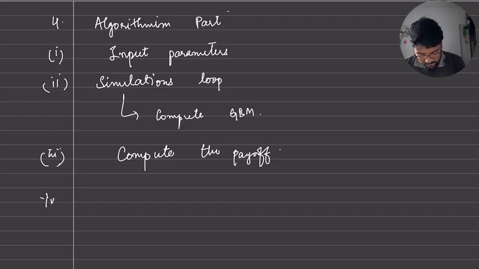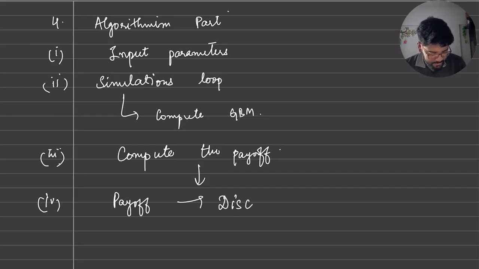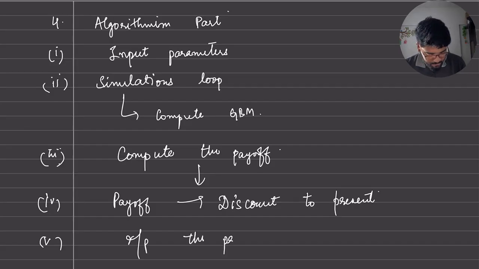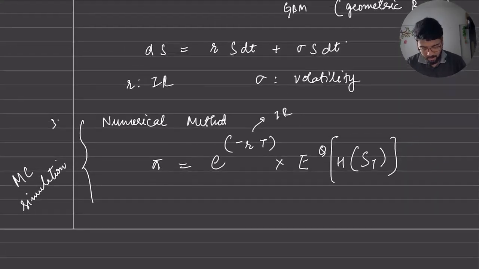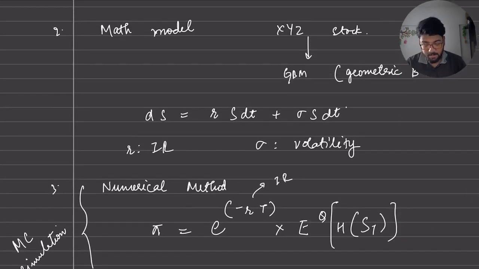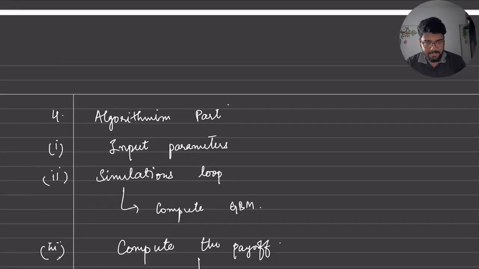Now, in the fourth step, when we get the payoff, we are going to discount it to the present time. And then in the end, we are going to output the premium. So this is going to be our algorithm, and what are the mathematical and the numerical models we are going to be using. So let's get into it.